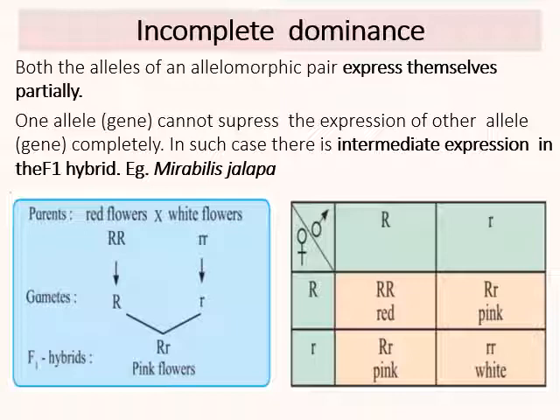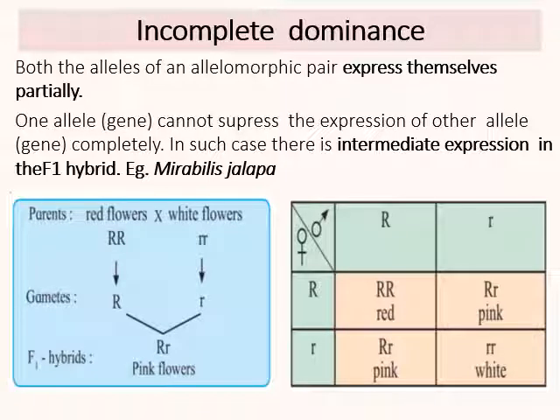For example, Mirabilis jalapa or 4 o'clock plant. When parents, that is red flower and white flower plants, were selected, with capital R denoting the red flower and small r denoting the white flower, and they are artificially crossed, here in F1 generation, all plants obtained were of pink flower.